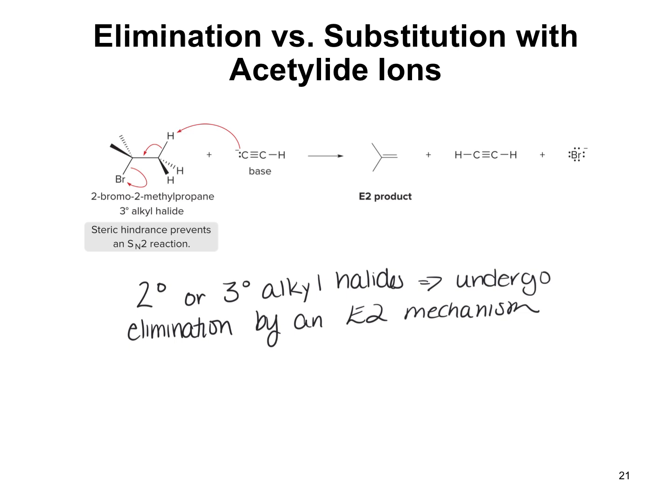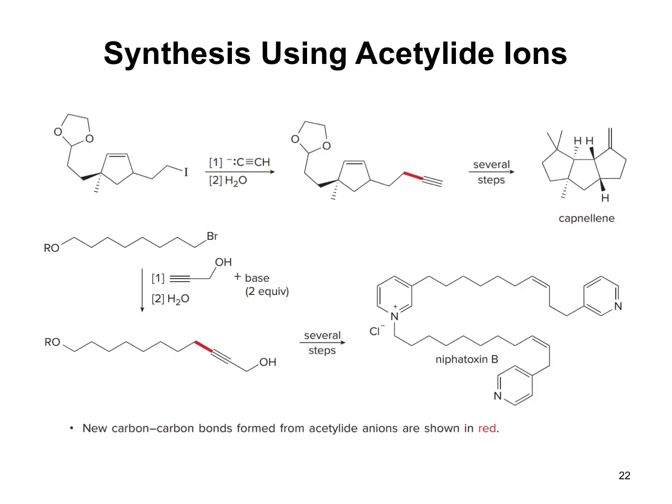Now, this carbon-carbon bond formation with acetylide anions is so helpful in synthesis, and it's used to synthesize a lot of natural products. So we've got two different reactions here. You can see here where the acetylide ion is added right here through a substitution reaction to give that triple bond. And then this is a marine natural product that we're synthesizing. And then the second synthesis we see where we have, again, a substitution reaction where that acetylide ion is added.